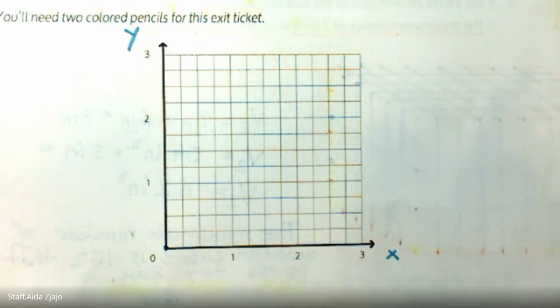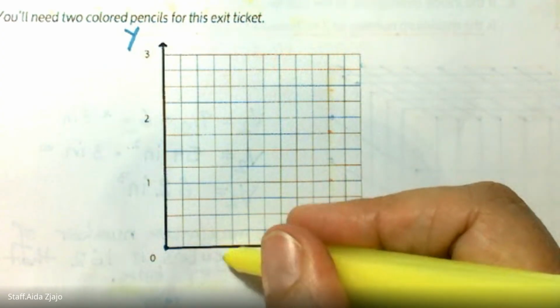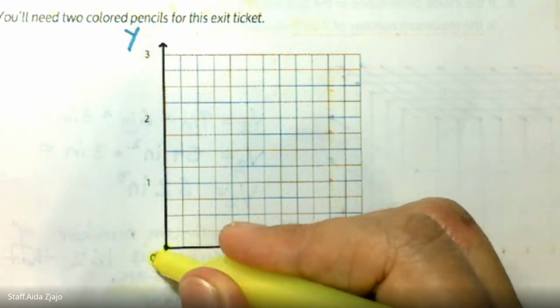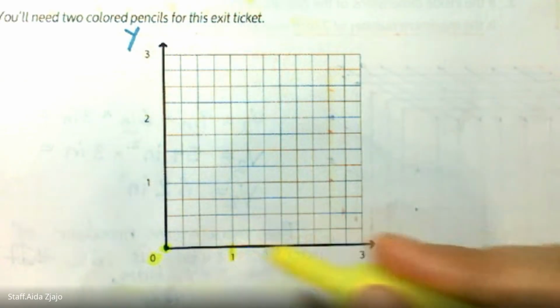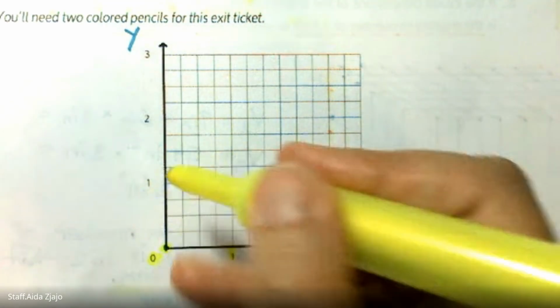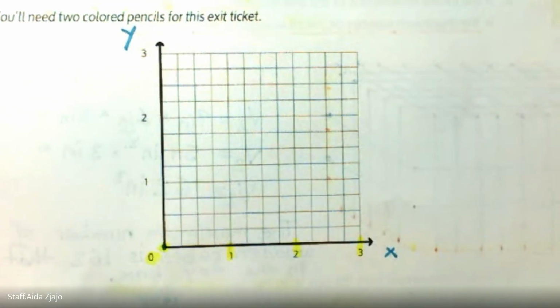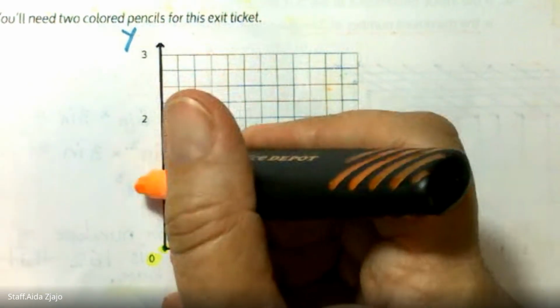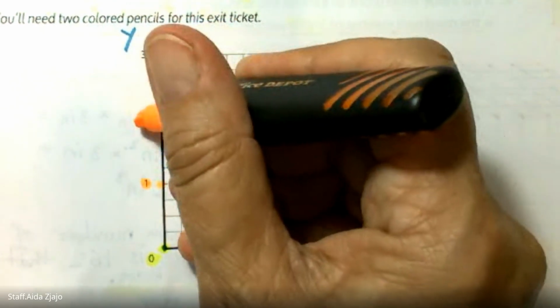Okay. The next step, we can notice when we look at the grid is where the whole units are. Here's the origin 0, and then here is 1, here is 2, here is 3 on the x-axis, and then here is y1, y2, and y3.